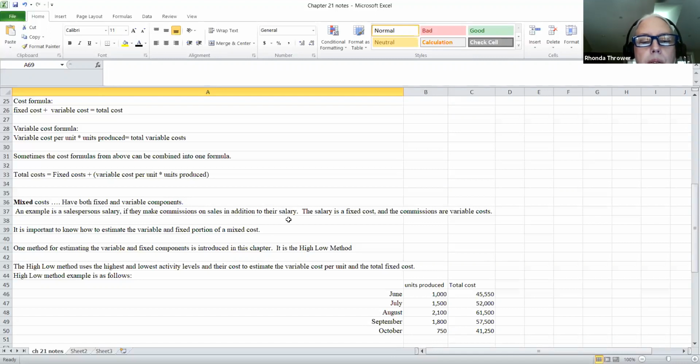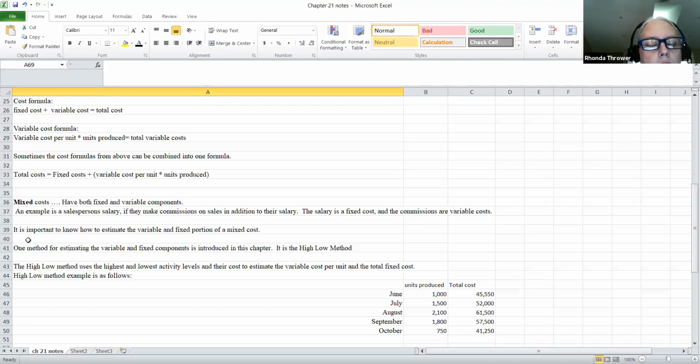You'll remember we said the salary portion is the fixed cost, but the variable portion will be the commissions that are earned on the sales, because the commissions will change depending on the amount of the sales that they earn. This is a variable cost.